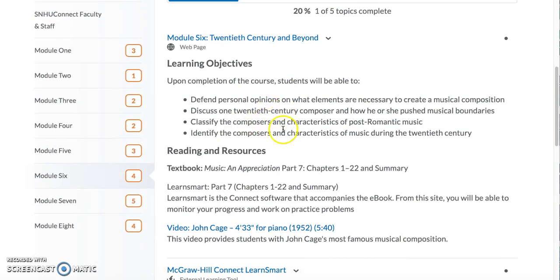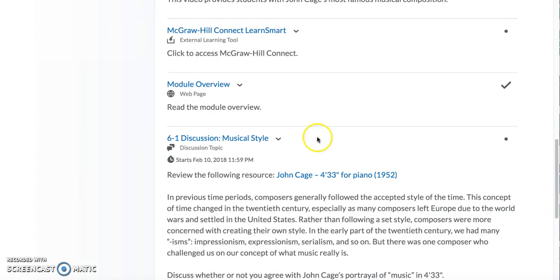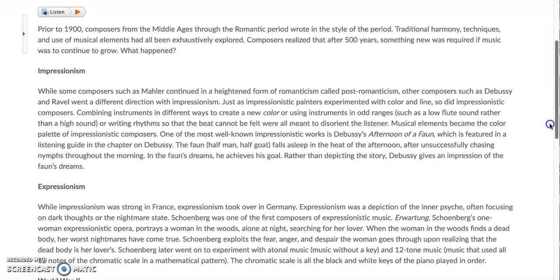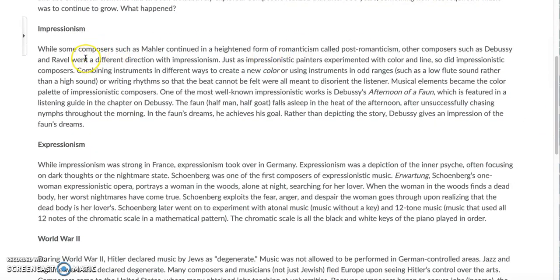Here are your learning objectives for week 6. I won't read those. You can take time to look over those. Here are your readings and resources for the week. Let's take a quick look at our module overview for week number 6. You can see some commentary here on what happened in music prior to 1900 and some information on Impressionism.